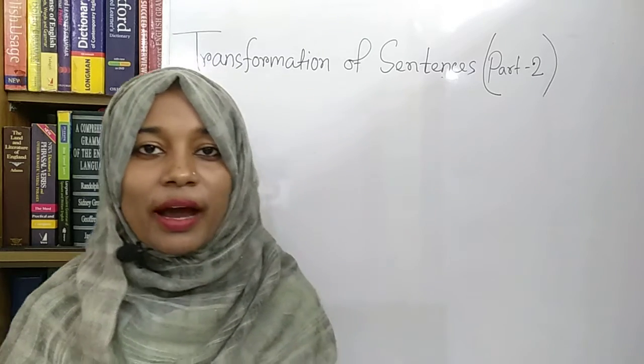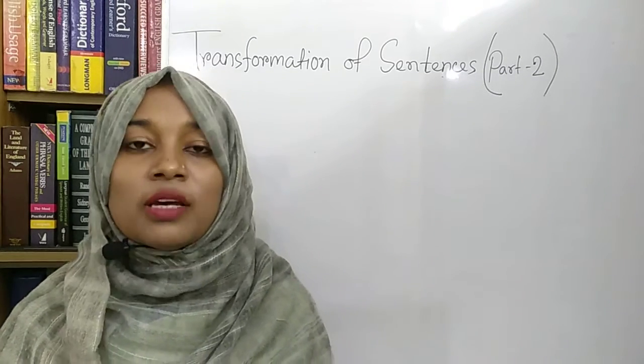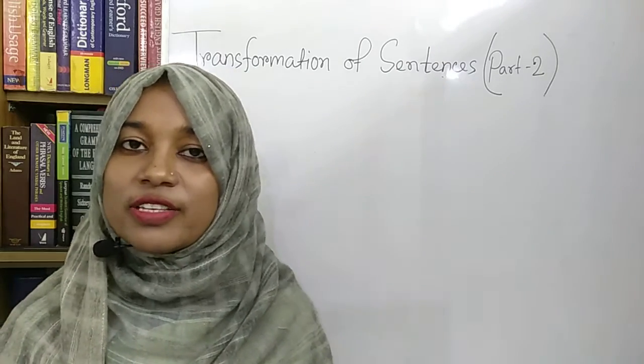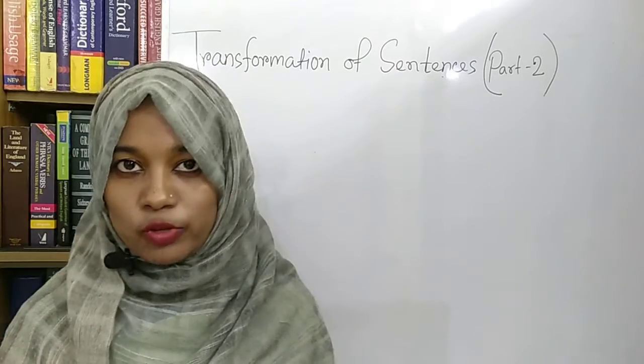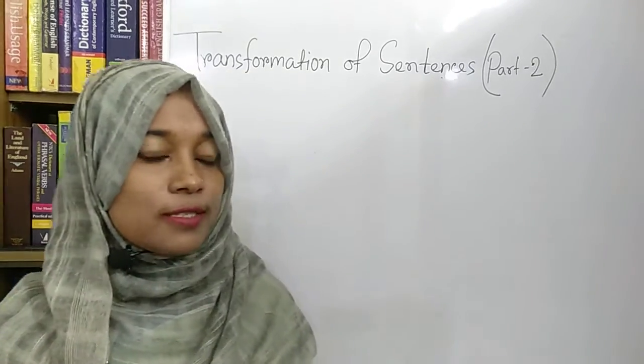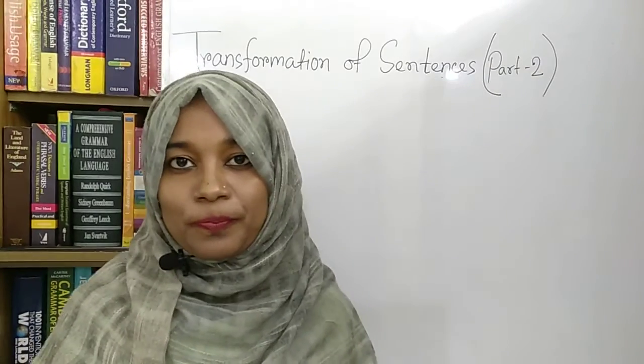Last class, I discussed the transformation of sentences, simple to complex, complex to compound, and vice versa in 8 rules. Today, I will show you the transformation of sentences part 2.